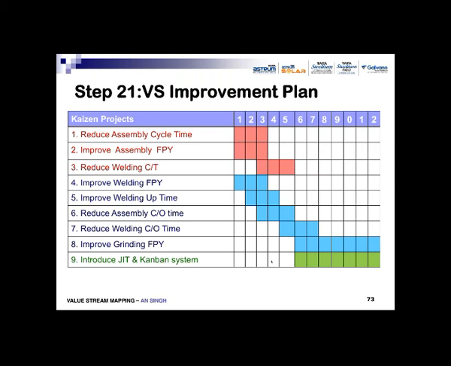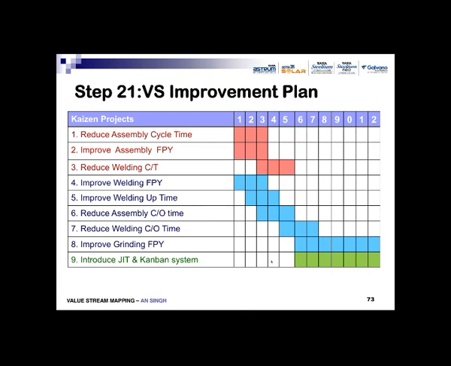Then the second project, improve assembly first pass yield. Here again this can go together. This requires 3 months. Then reduce welding cycle time. After these 2 projects are completed, the same team or another team can work for another 3 months.